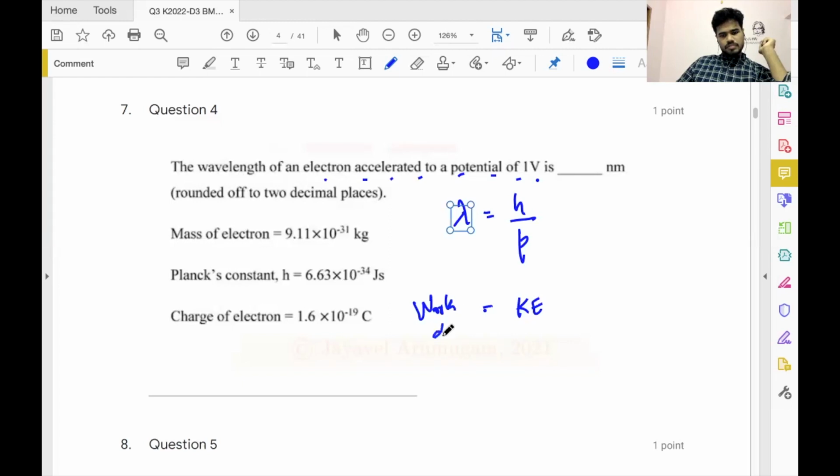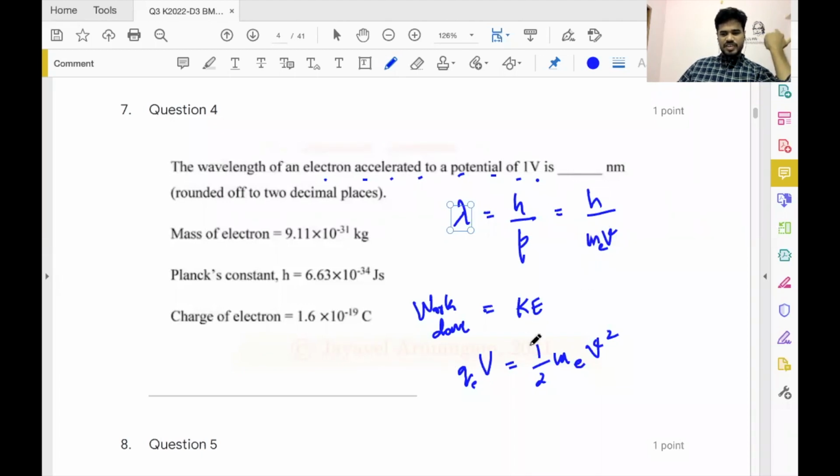So qV, this is charge of an electron times voltage V, is half m v square, and notice this is going to be h over m v, and m e V. Okay, this is velocity, so I'm going to put this is voltage. So you can find p from this expression, right?